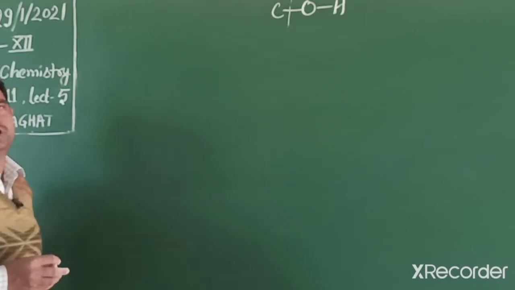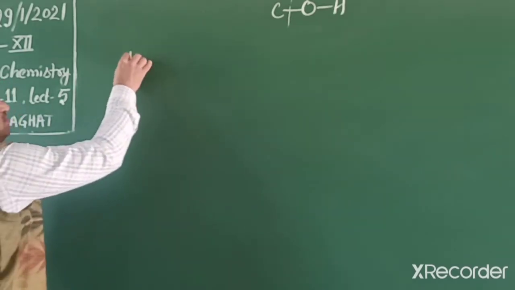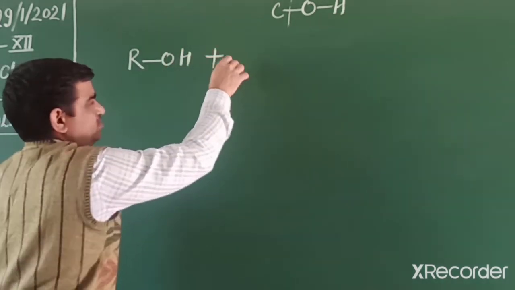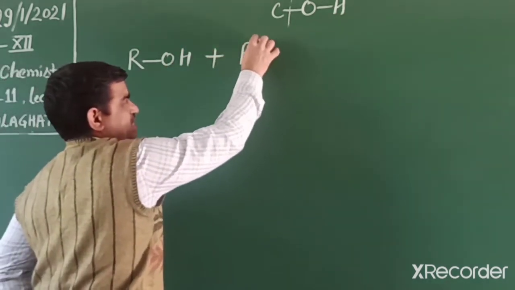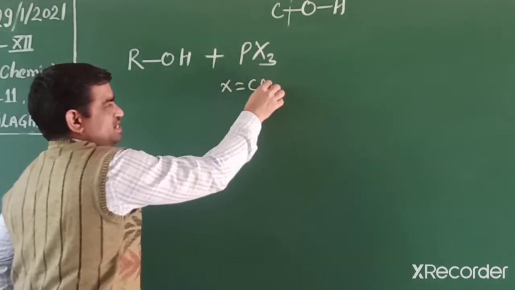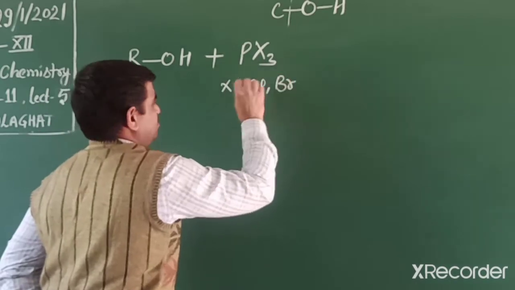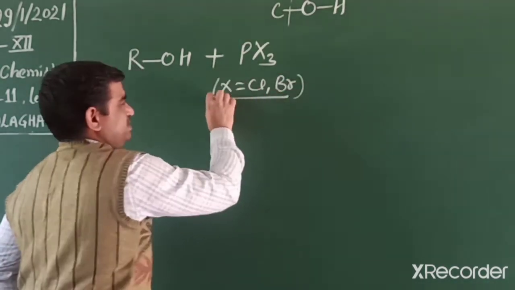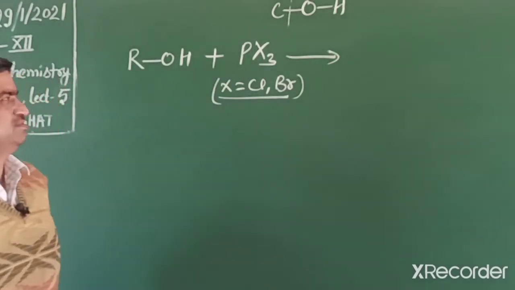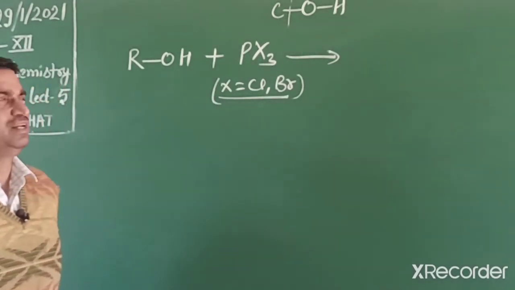Reaction with phosphorus trihalides. When alcohol reacts with phosphorus trihalide PX3, where X is either chloride or bromide, what do we get in this reaction? This reaction was also discussed in the earlier chapter, preparation of alkyl halide.